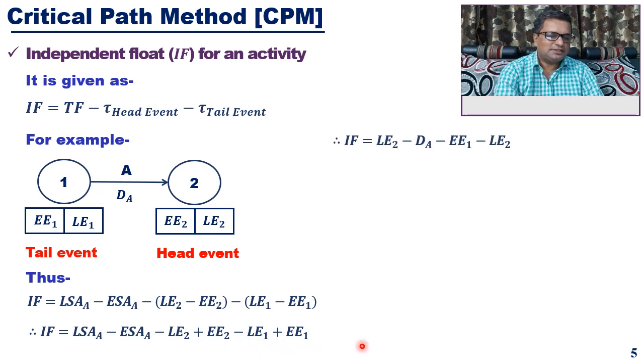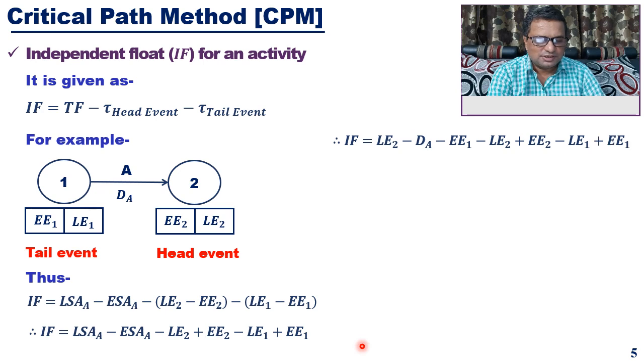In the next step, there is a little bit of arrangement, so you can see what happens. You have latest start time for activity A, and then you have earliest event time E1.